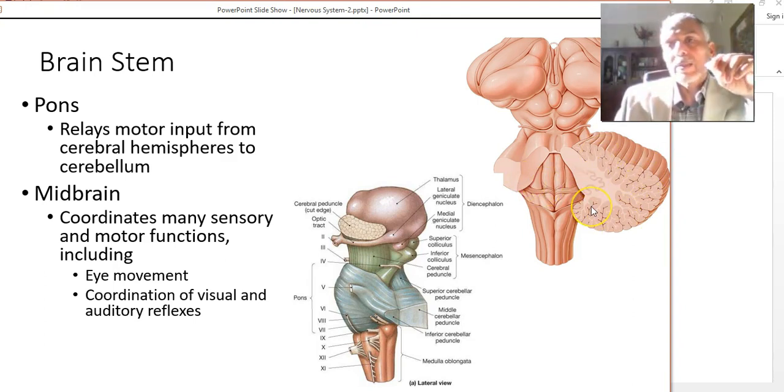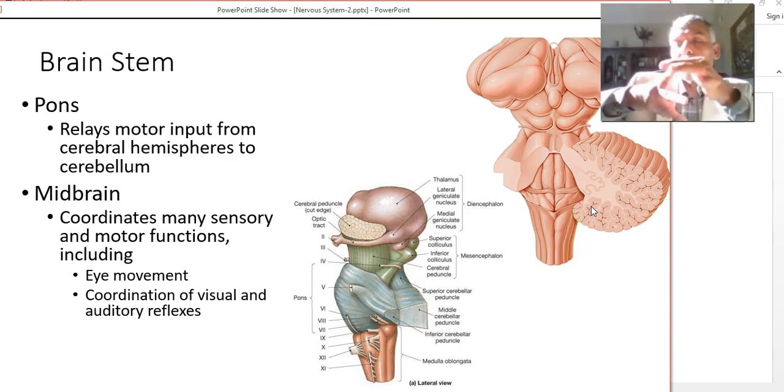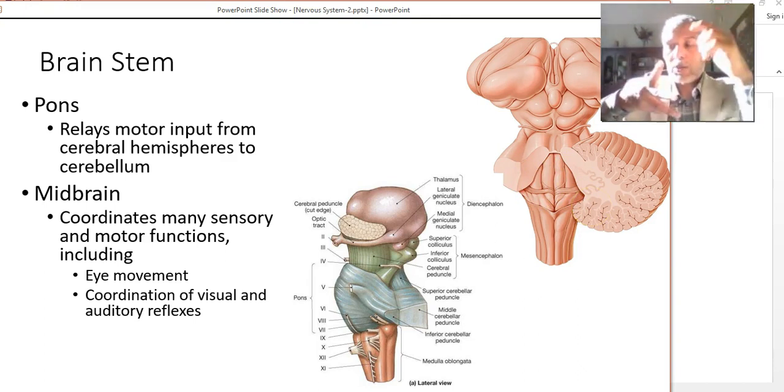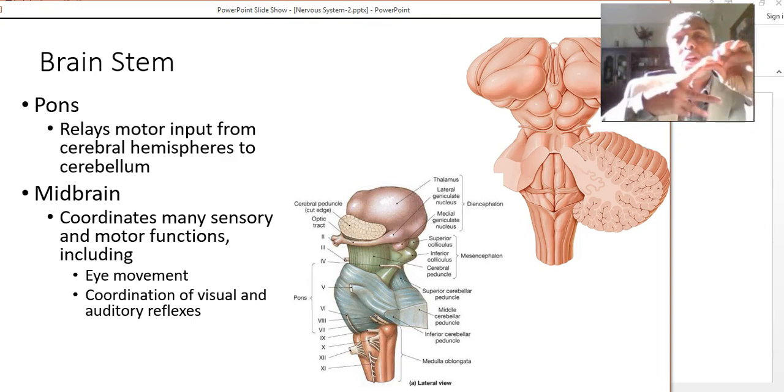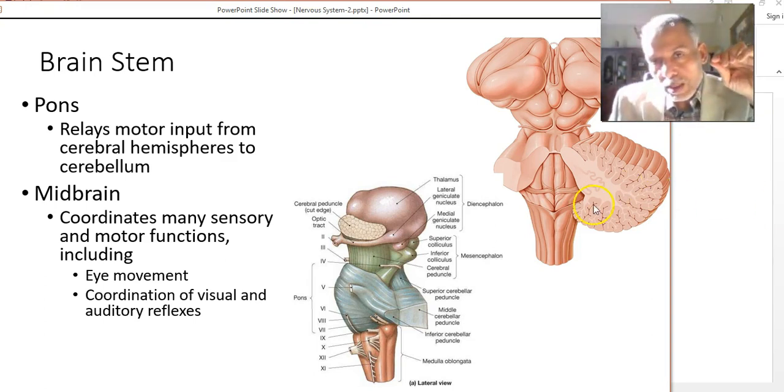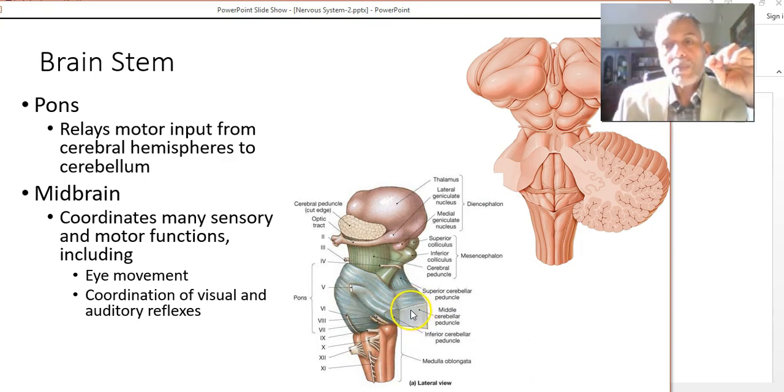And there's one cable that goes up to the upper parts of the brain, called the superior peduncle. And then there's one called the inferior peduncle. And then there is one here, the big one, called the middle cerebellar peduncle.